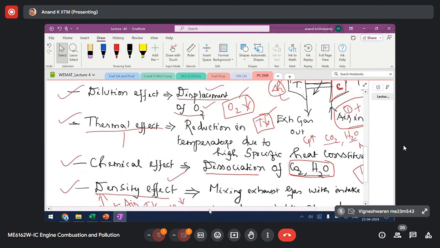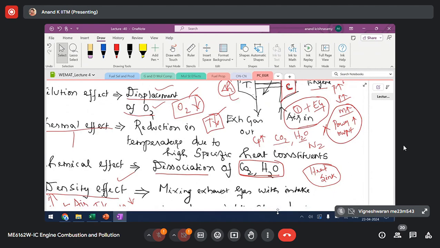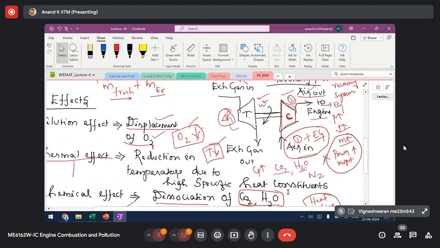O2 is reduced, temperature is reduced. You know what will happen if O2 and temperature are reduced with respect to the primary pollutant, NOx? NOx will reduce. So that's why I say that this is one of the most effective methods to control NOx.